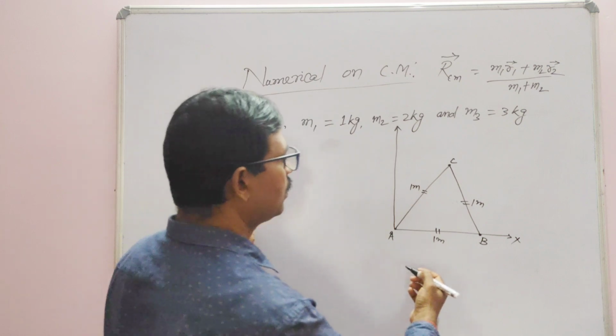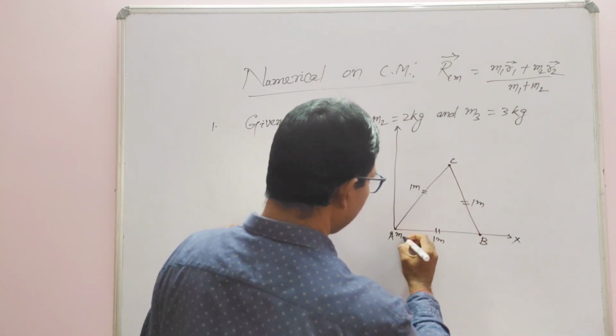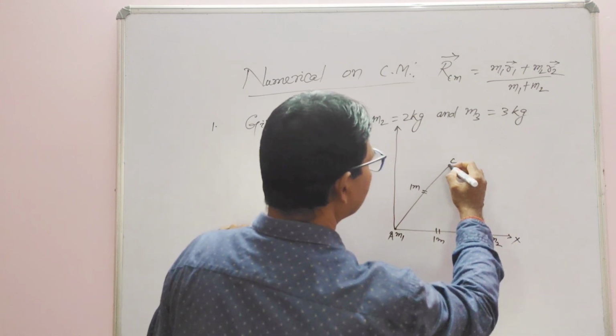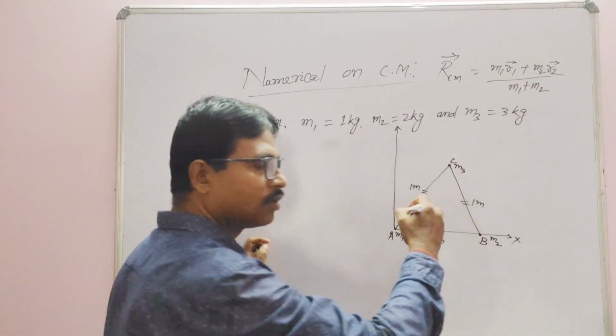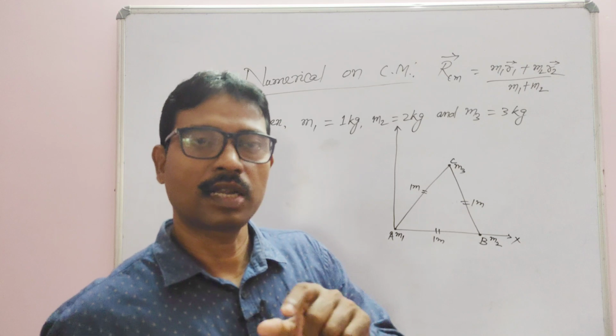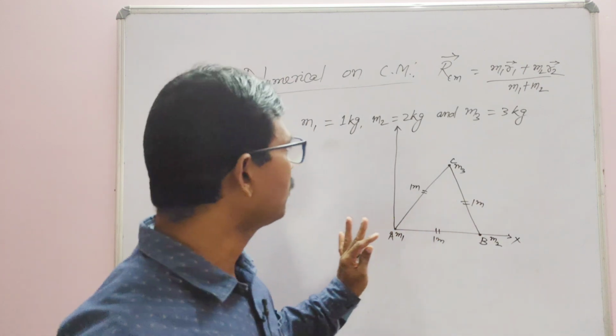The side is given, and the masses: suppose this one is M1, this one M2, and this one M3. You have to calculate the center of mass of the system, along the x axis and along the y axis, as it lies on the xy plane.